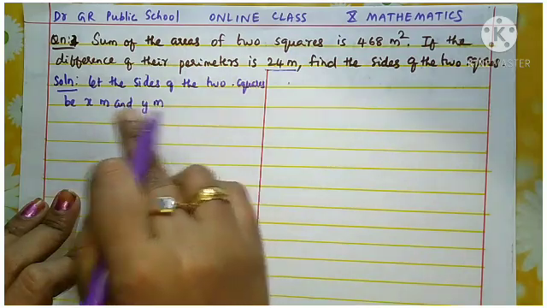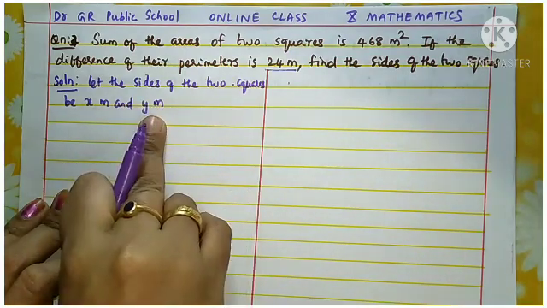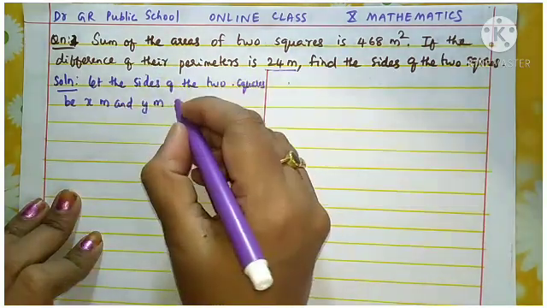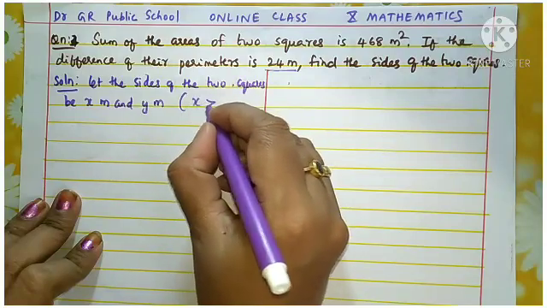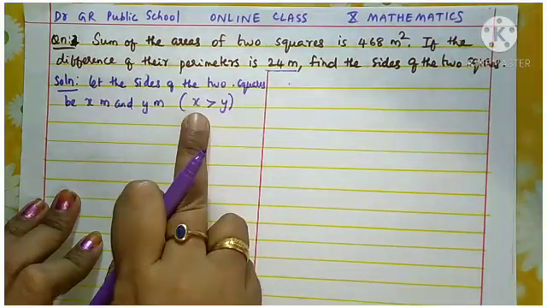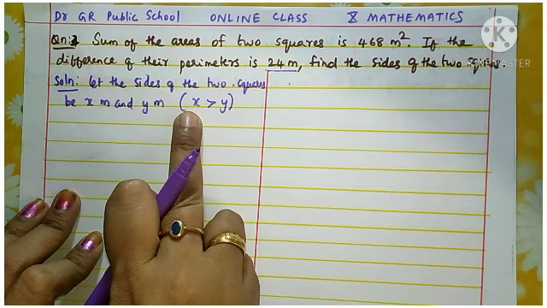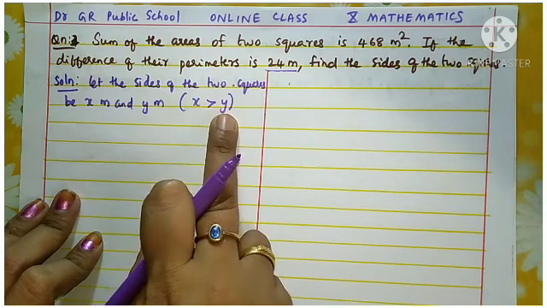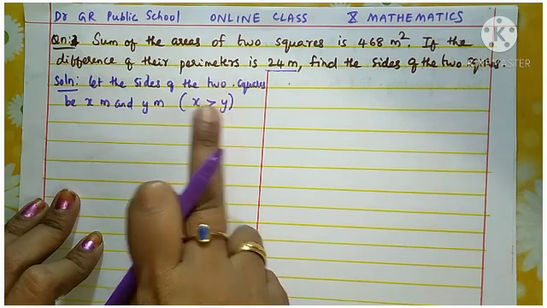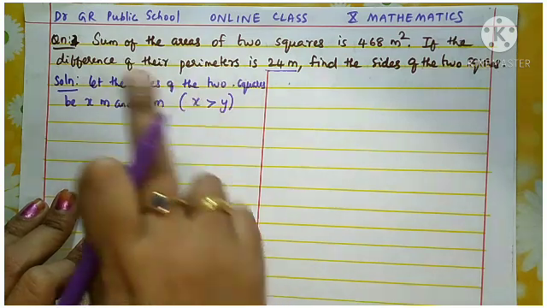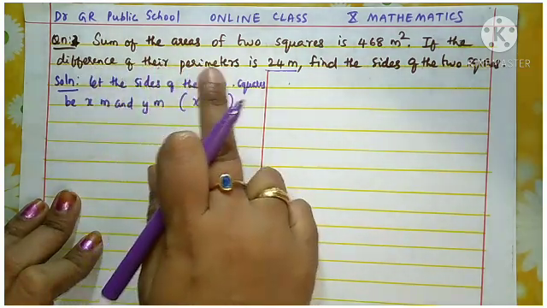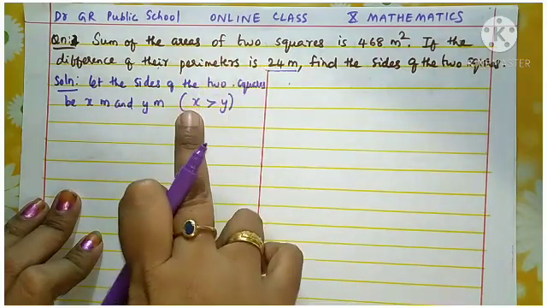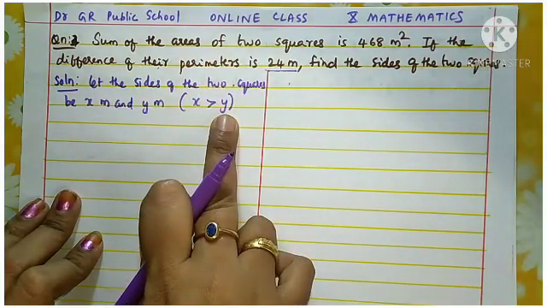The two sides we have taken for two different squares, x and y, and here we are assuming x greater than y. Okay, we are assuming the first square, that is the side with x meter, is larger and y is the smaller square. Why we have taken like this means we want to find the difference of their perimeters. So anyways, one is large and the other is small.